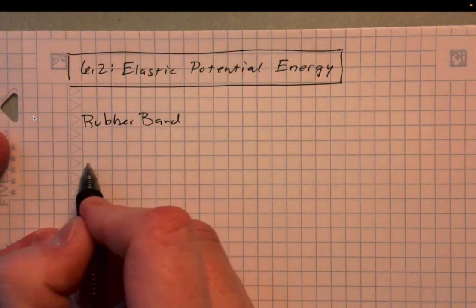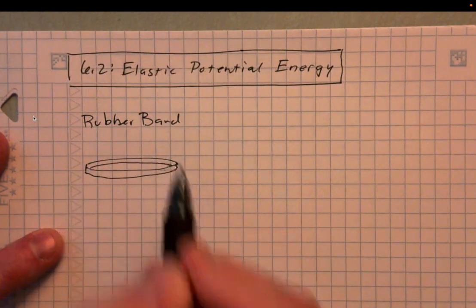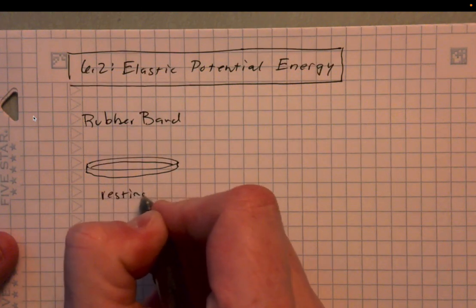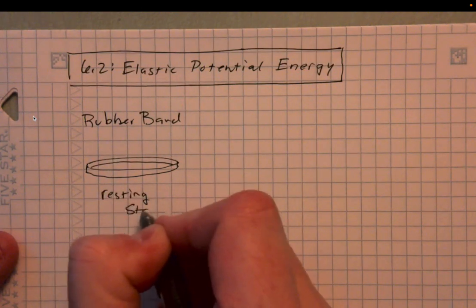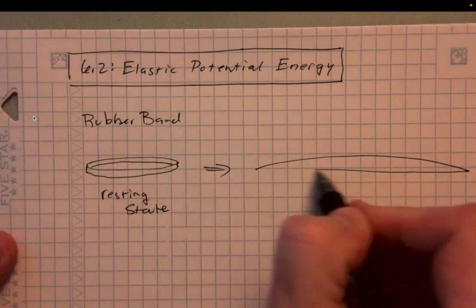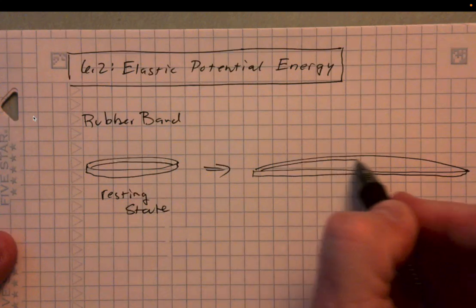We all know that if you have a rubber band, it'll have a resting state, a resting state where it's not stretched. But I can grab the rubber band and stretch it out very, very far. How far you can stretch it is going to depend on the rubber band.